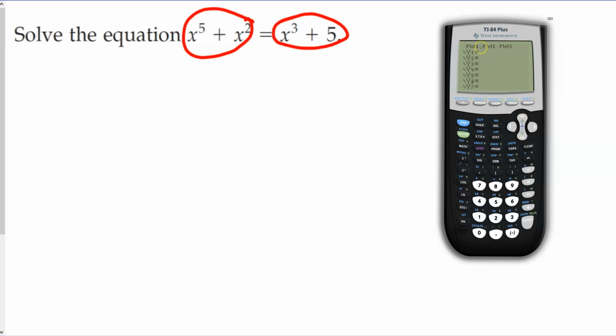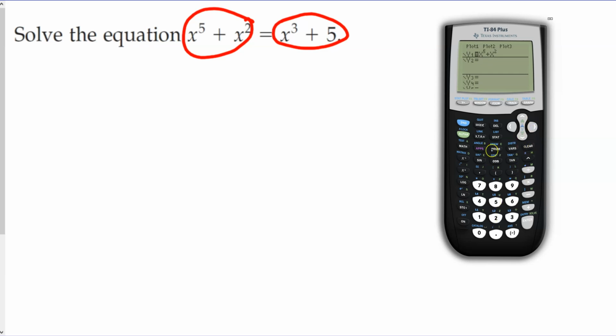So in the first spot, I'm going to put x to the fifth plus x squared. That's x raised to the fifth, arrow out of the exponent, plus x squared. Then I'm going to arrow down to the second equation, and I'm going to put in x raised to the third, arrow out of the exponent.